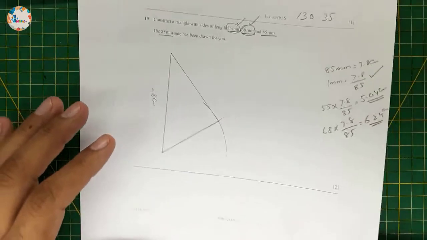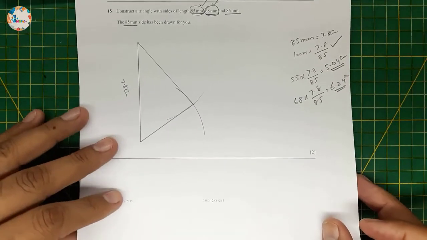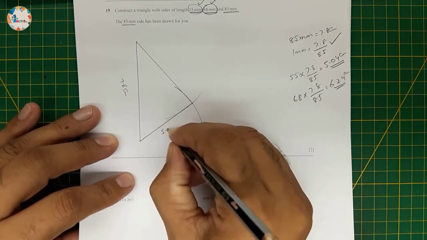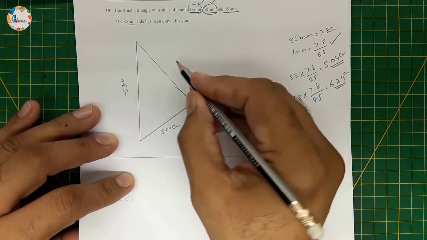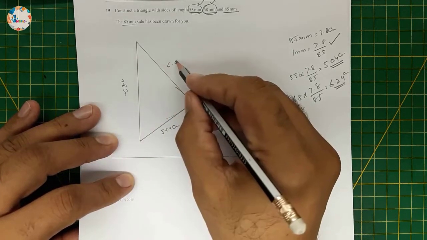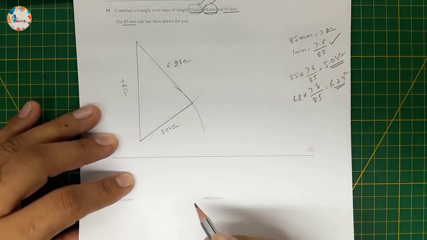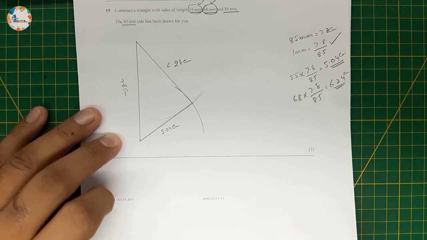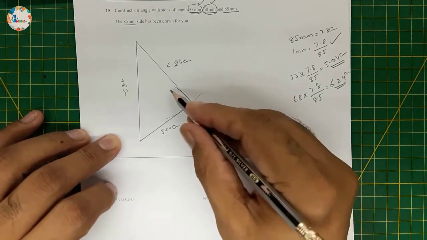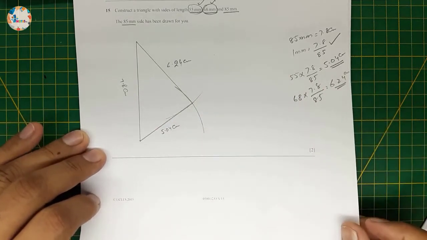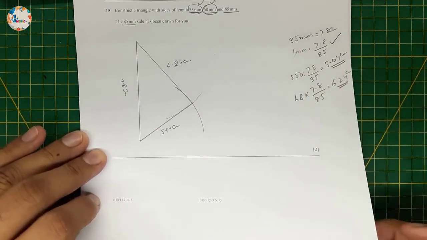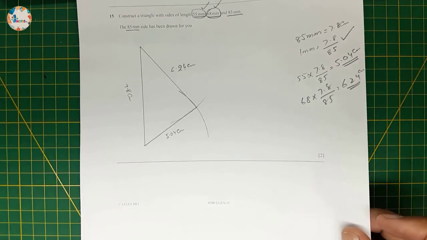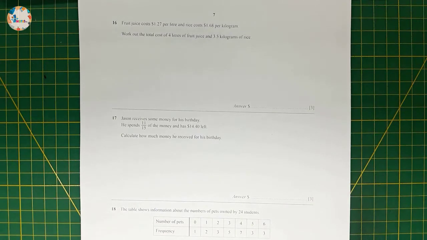You have to retain the arcs, and it is better if you also write the measurements, for example 5.04 centimeters on this side and 6.24 centimeters on this side. So these are basically the construction arcs which we are retaining, and the diagram is done. This is the working which you can show for this 2 mark question. Even if you are not showing working, it will still count.